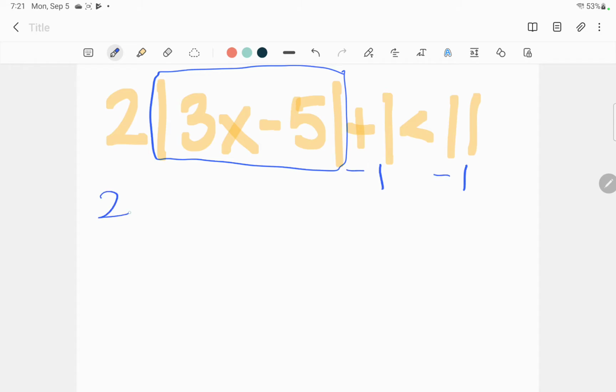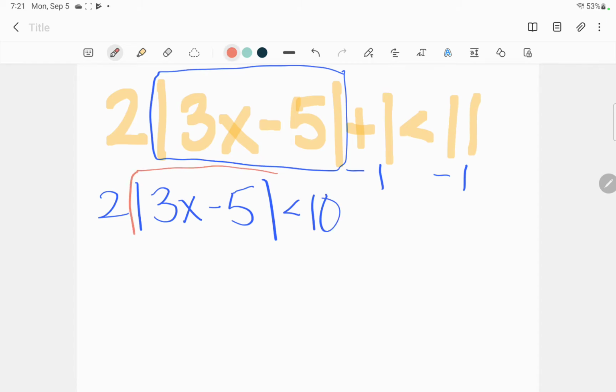That gives me 2 times the absolute value of 3x minus 5 is less than 10. Next, continuing with my pattern of isolating the absolute value, I'm going to divide both sides by 2. That's going to give me the absolute value of 3x minus 5 is less than 5.